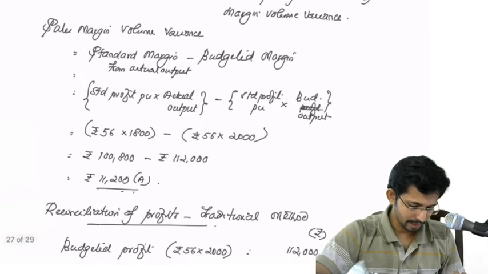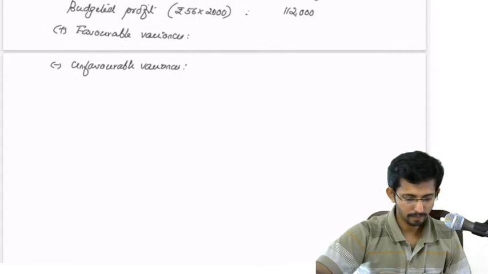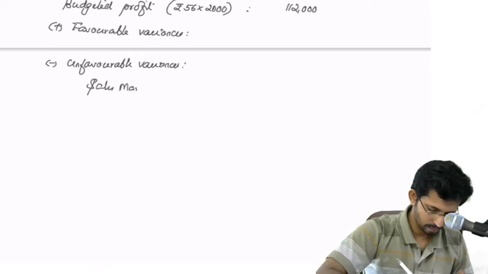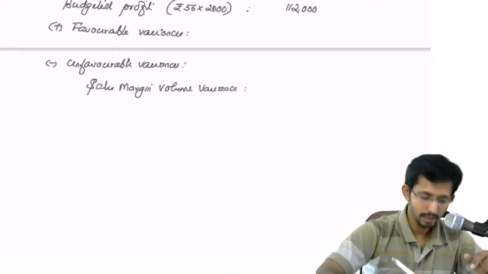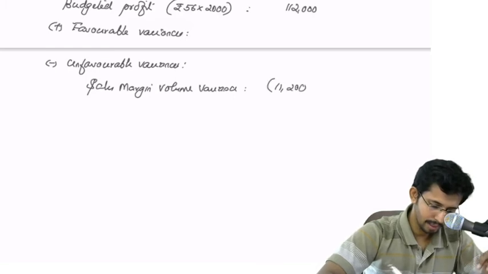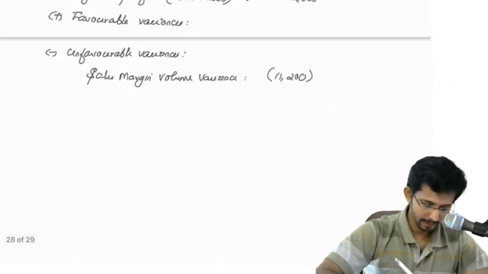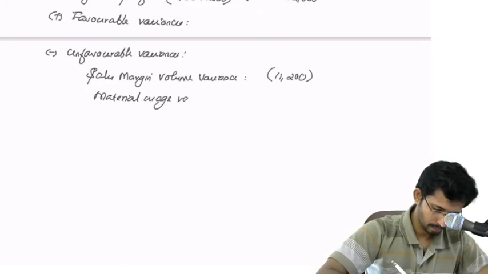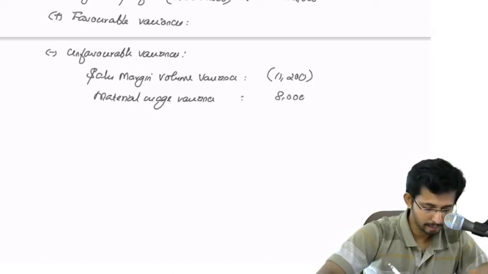First let me take sales margin volume variance. It is 11,200 adverse, so negative. Now going to material usage variance. What is the amount? It is 8,000 negative because adverse.